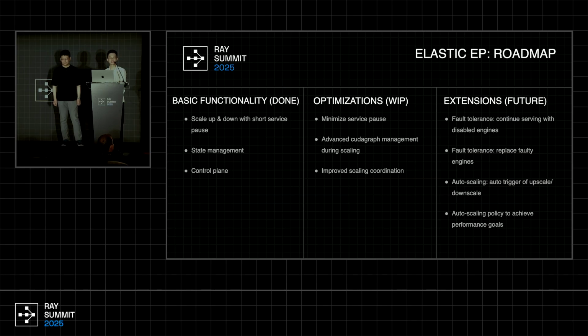And how can we replace the faulty GPUs when they become available? We will also build some kind of scheduling capability over our framework. How can we automatically trigger scale up or scale down based on the current online load? And how can we optimize the serving cost given the current performance goals and the current load?